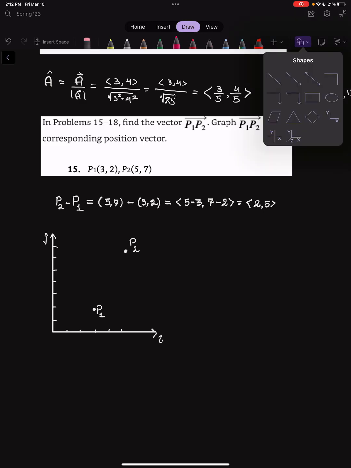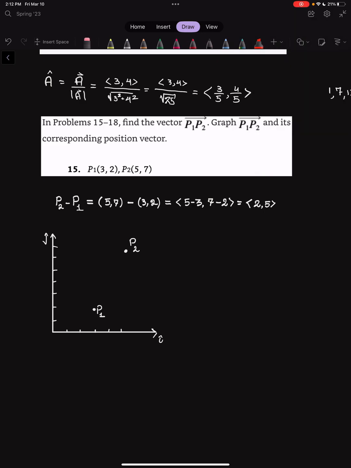P1P2 means from P1 to P2, like this. So let me just make clear, this is the vector P1P2. You want to find the components of that vector.